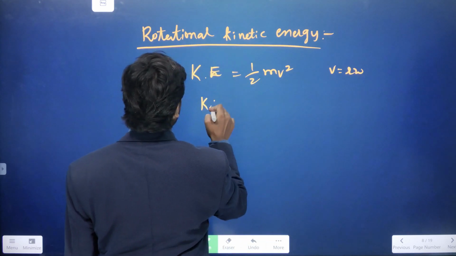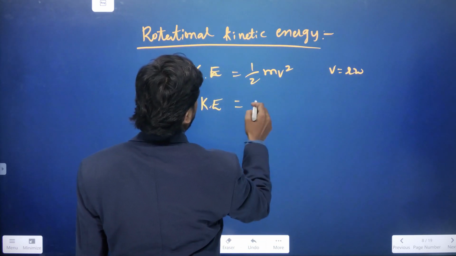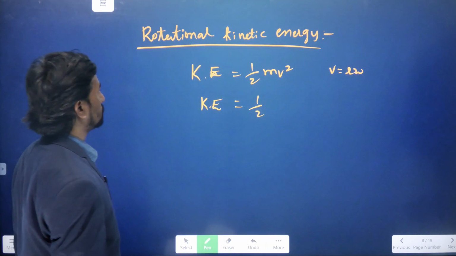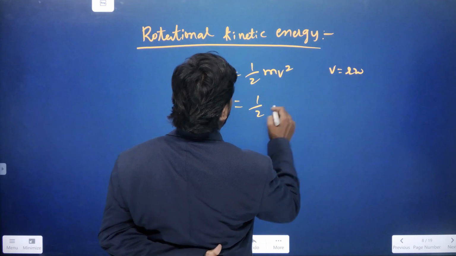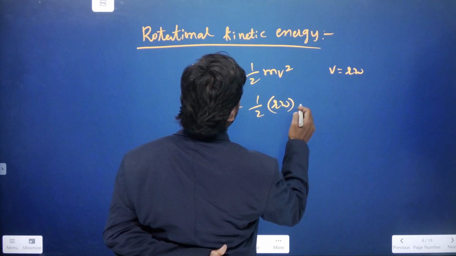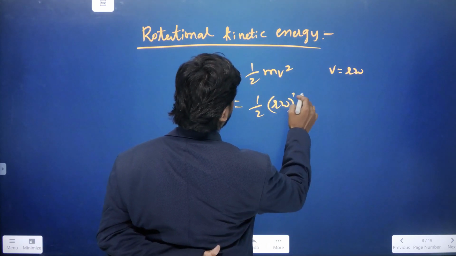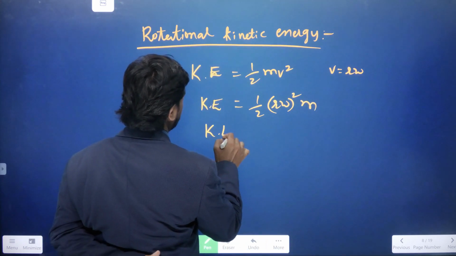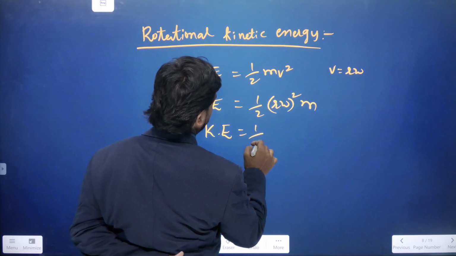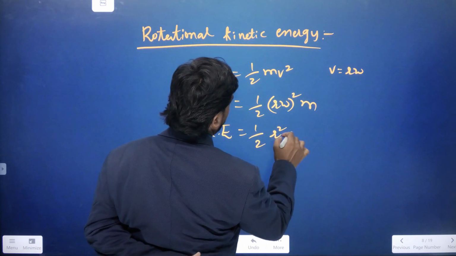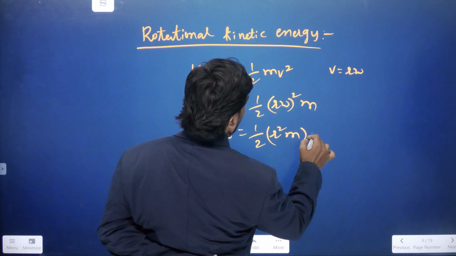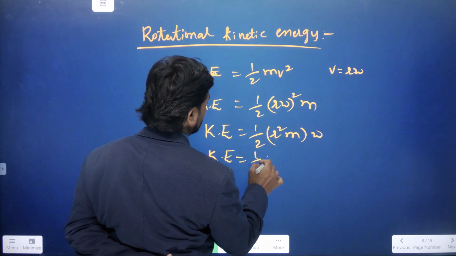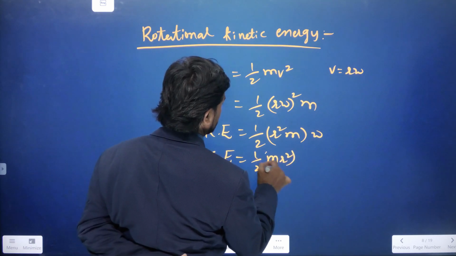In terms of rotational kinetic energy, we can write (R omega) whole square into m. So kinetic energy K is equal to half into m into R square into omega square.